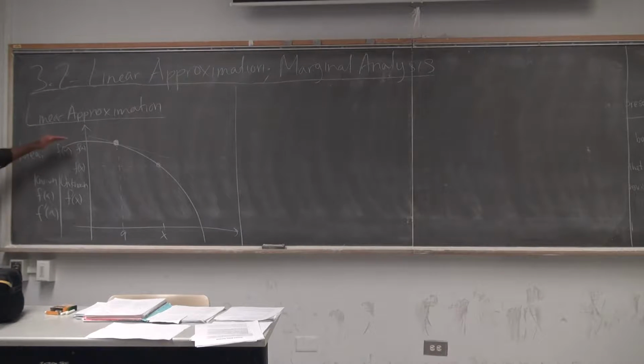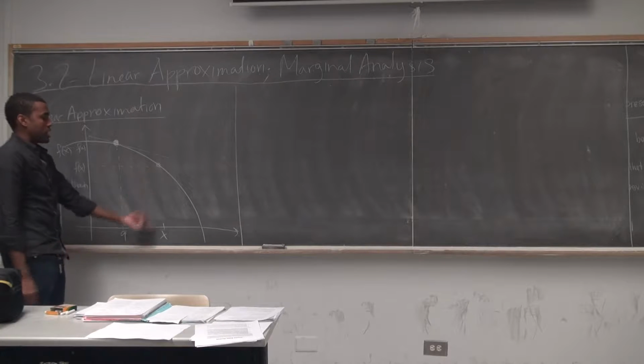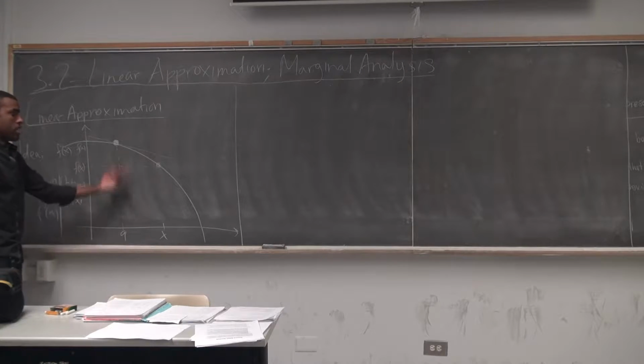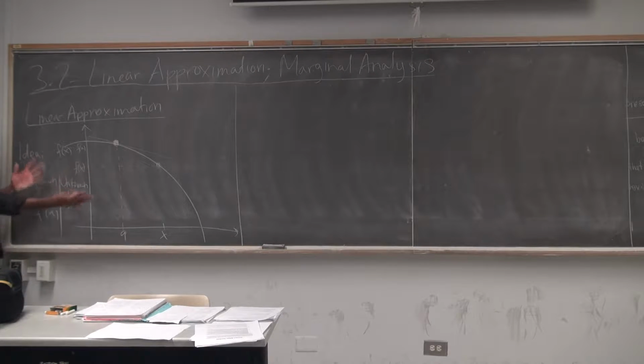One possibility could be the function itself is so complicated that actually computing the output at x would be very difficult. You probably need some computer crunching numbers for a long time before you can figure it out. Or it could be the fact that the function actually doesn't even exist yet. So it could be a case where we want to predict something in the future.